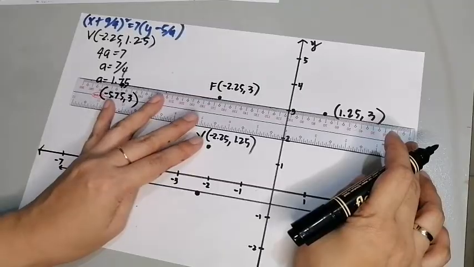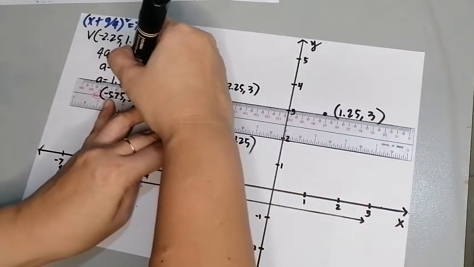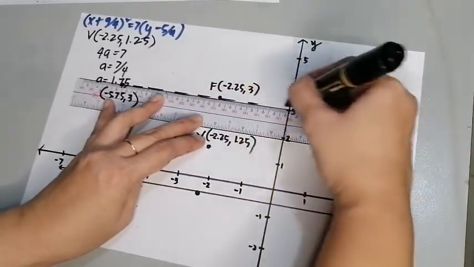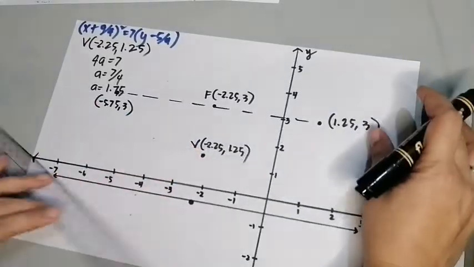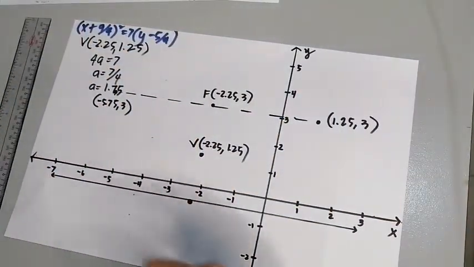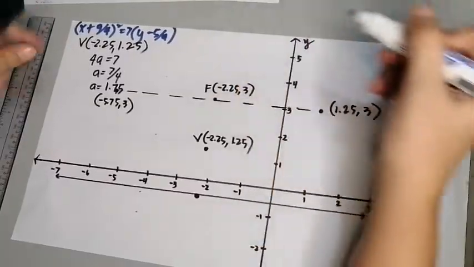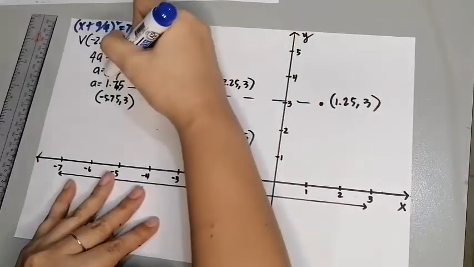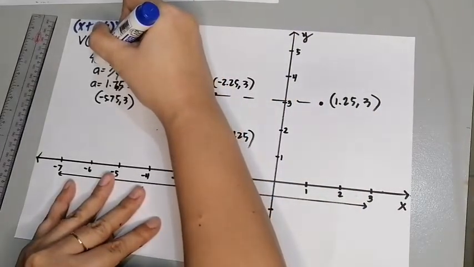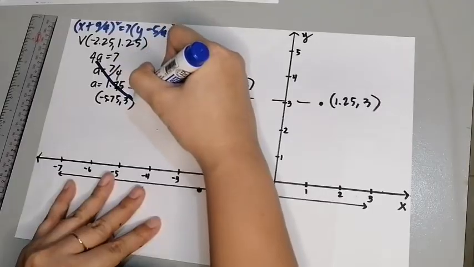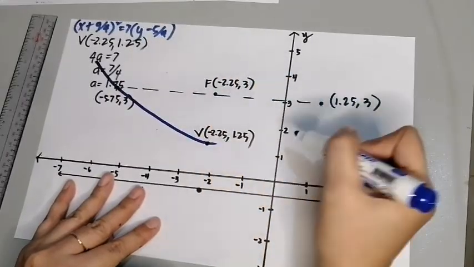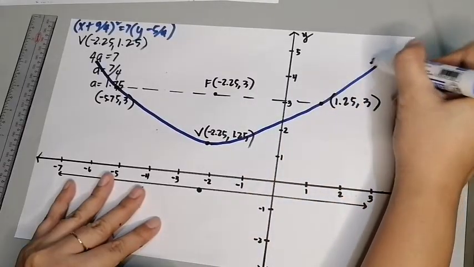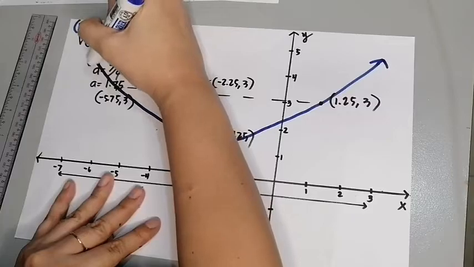Then we can draw the latus rectum. Now we can draw our parabola. Sketch the graph smoothly.